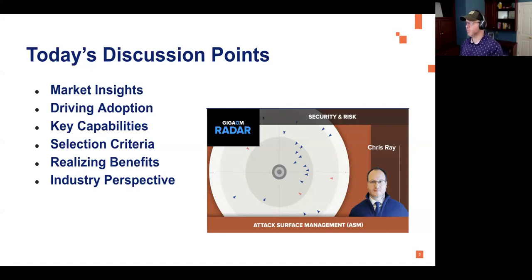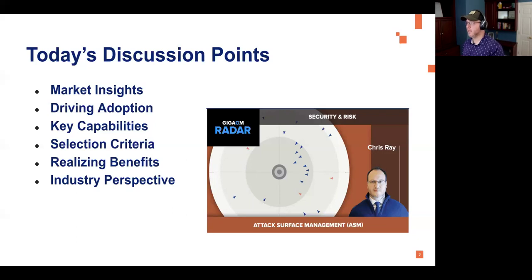That's important because the research and analysis, and ultimately the radar report, are the results of my analytical engineering mind, looking at the key features and different ways to evaluate attack surface management solutions, and then scoring and placing them on a radar graphic, 360 degrees, comparatively among their peers in this space.